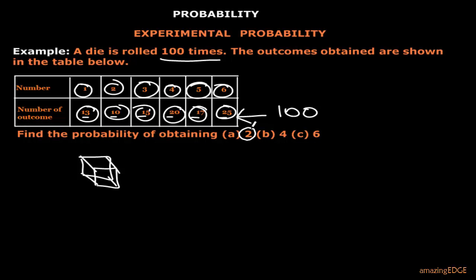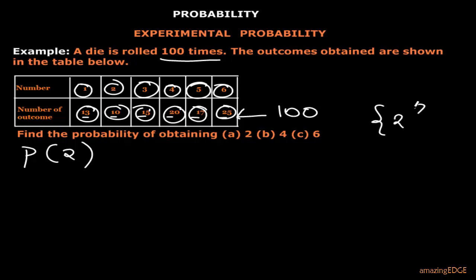So if I want to find the probability of obtaining a number 2, this 2 is like my success set, which in this case is a singleton. I'm using the notion of set to define it.